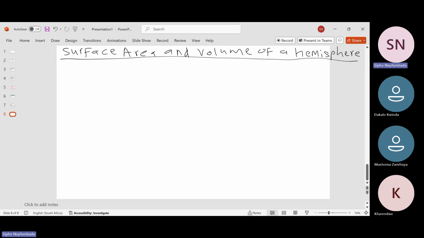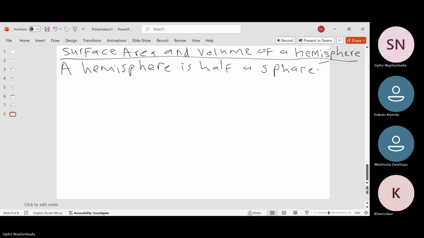We must work hard. So, anyways, let's talk about the surface area and the volume of a hemisphere. A hemisphere is half a sphere.